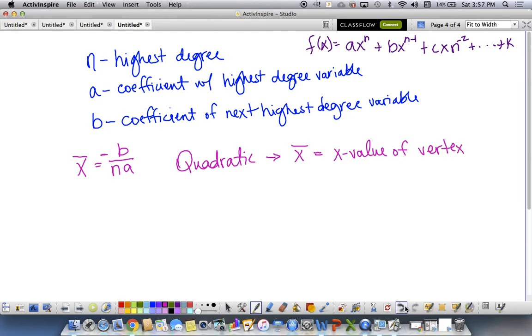B over 2a, does that ring a bell? That's why n is 2, negative b over 2a. Okay? For a cubic function, the x bar will be a little bit different. The x bar will equal the x value of the inflection point.